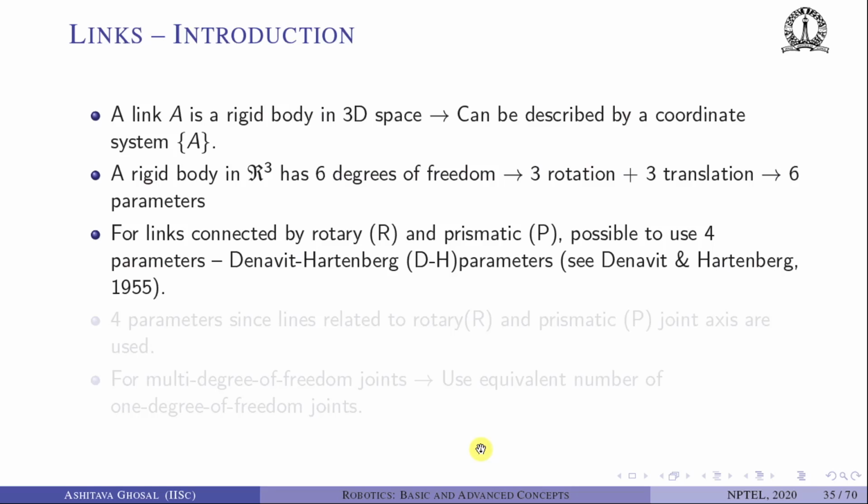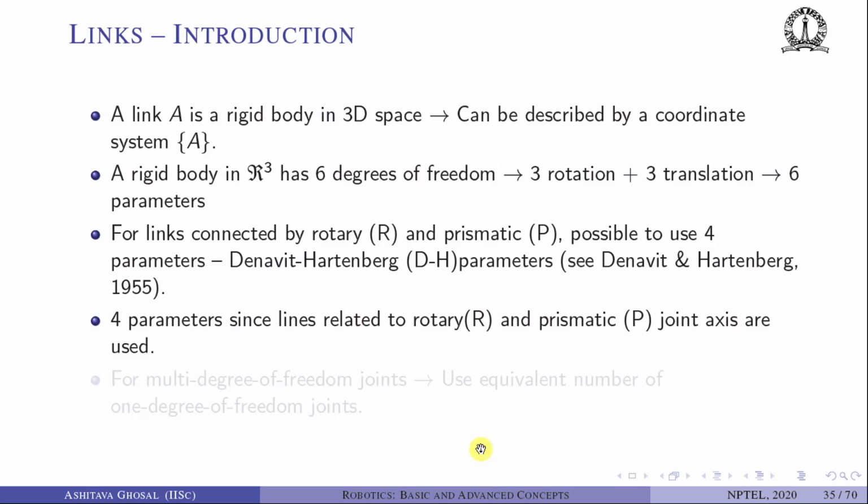These are the very well-known DH parameters, the 4 parameters of a link. The important thing to remember is that these are not two generic rigid bodies in 3D space. These are two rigid bodies connected by either a rotary or a prismatic joint. These four parameters are related to rotary and prismatic joints because, as we will see later, we are looking at joint axes, which are lines in 3D space.